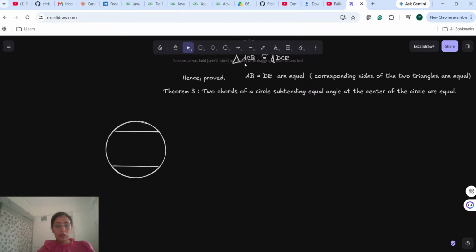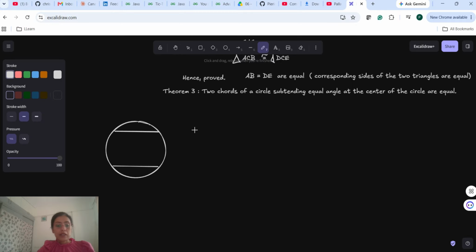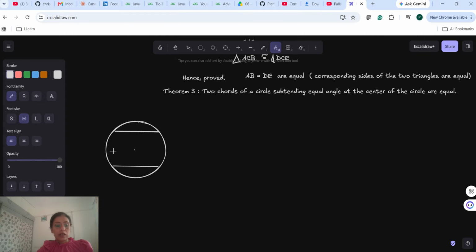Now, this is my center. So I'll call this A. I'll call this B. So AB is one chord. Call this C. I'll call this D. So CD is another chord.